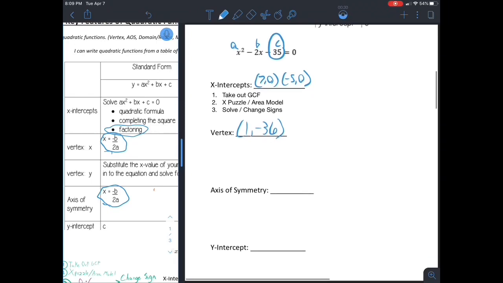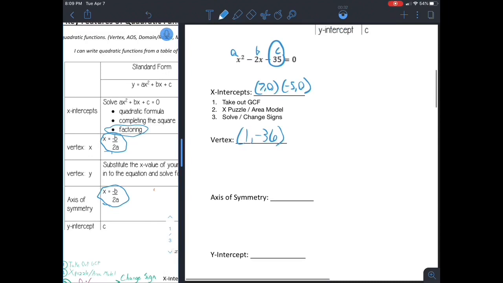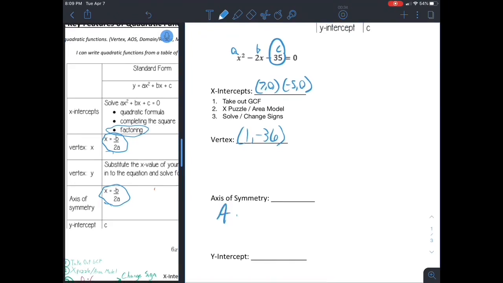So I think it's safe to say that our axis of symmetry is equal to the x value of our vertex. So our axis of symmetry, x equals 1. And remember, guys, your axis of symmetry will always be an x equals number equation.